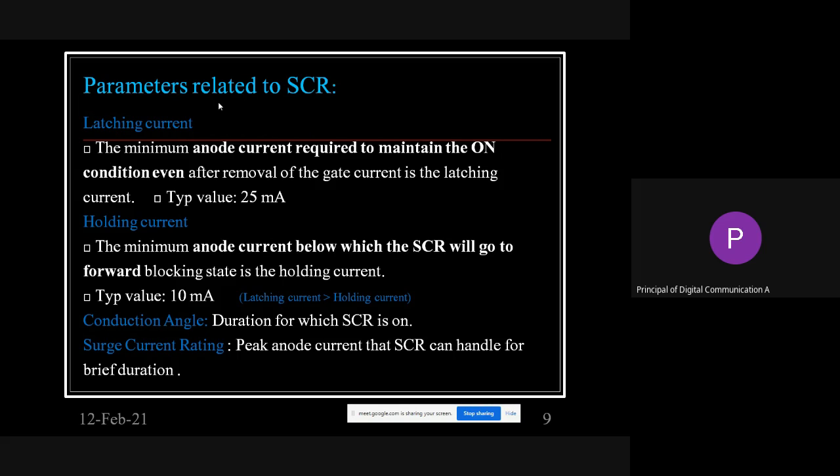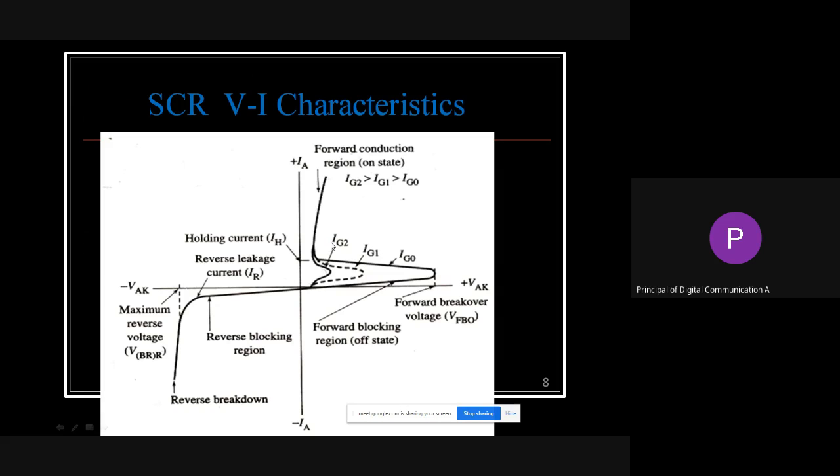So the next parameter is holding current. So what is holding current? The minimum anode current below which SCR will go into blocking mode, that is off. Holding current, if you are remembering this particular diagram, here holding current IH, so this is the minimum current. त्याच्या वर करंट गेला की SCR ऑन, त्याच्या खाली करंट आला की SCR ऑफ. हा एक कन्सेप्ट लक्षात ठेवा, because for turning off the SCR we are going to use it.